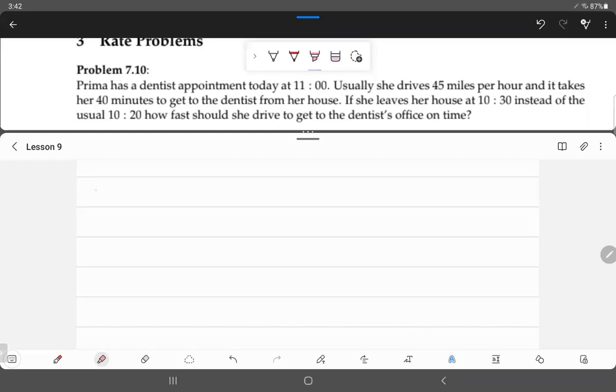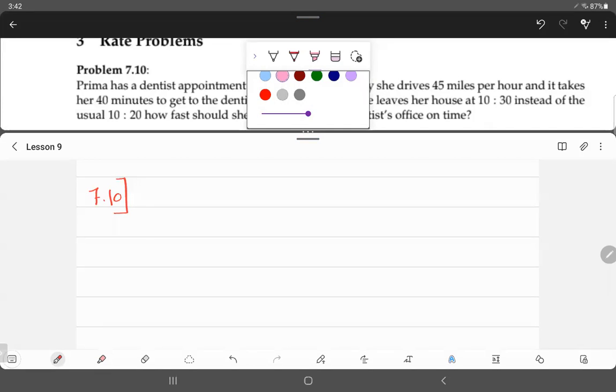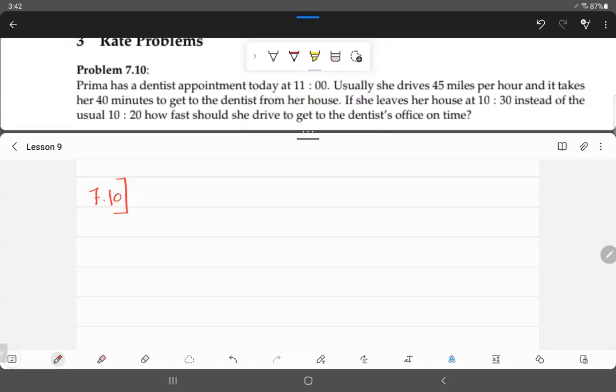So let me write the number of the question. The appointment is at 11. Important keyword. She drives. This is the rate. And this is the time, right?